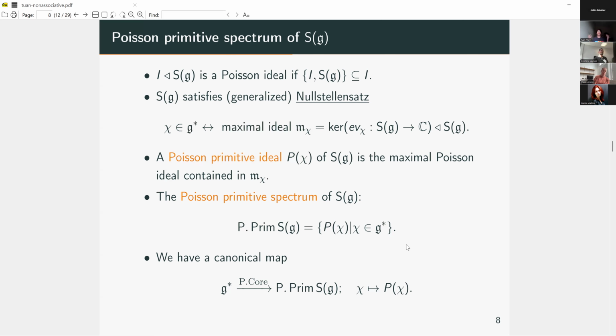So what we've done so far is define a canonical map from G star to the Poisson primitive spectrum of S(G), where I take chi and send it to P_chi, the maximal Poisson ideal contained in M_chi. Are there questions about this Poisson primitive spectrum?